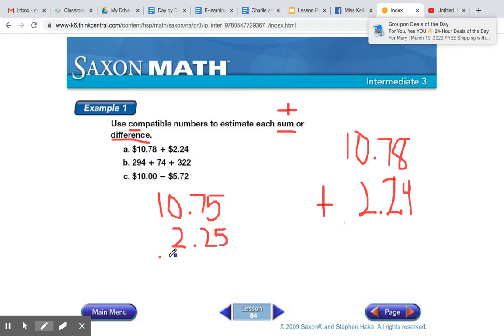Now, that makes things really easy for us because we can add this without having to go through everything.